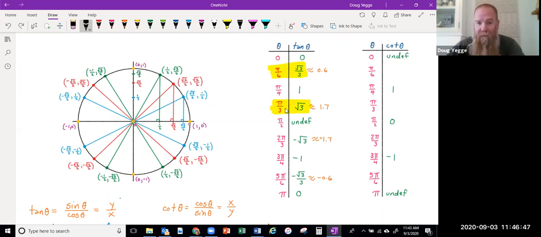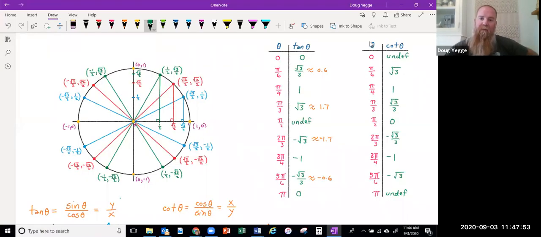The way that I've always remembered it is in pi over 3, there's 1 3. Therefore, the answer has 1 3. Pi over 6 now must have 2 3's in order to give me the denominator of 6. It's a really cheesy way to figure it out, but it's a way that helps me remember. So pi over 6 gives me root 3 over 3, and pi over 3 just gives me root 3.